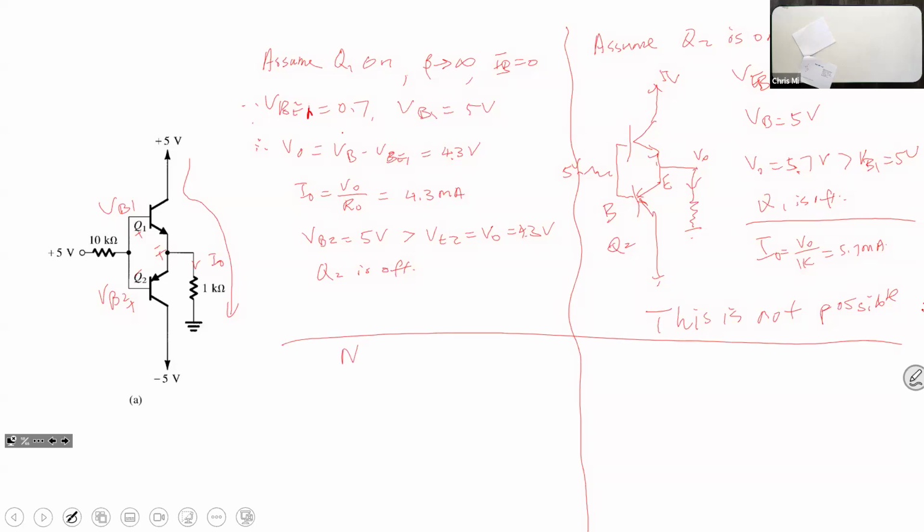So for NPN, VB must be much larger than VE to be on. For PNP, not just larger, but VEB is 0.7, which means VE is always larger than VB to be on, right? So whenever we find it the other way, then we know it has to be off. Okay, thank you.